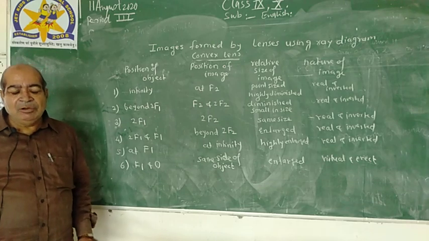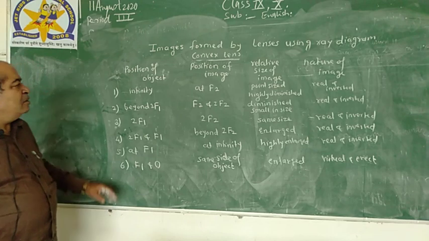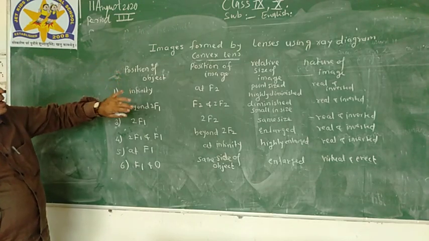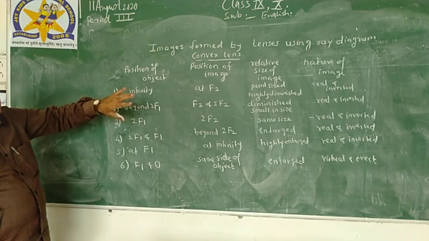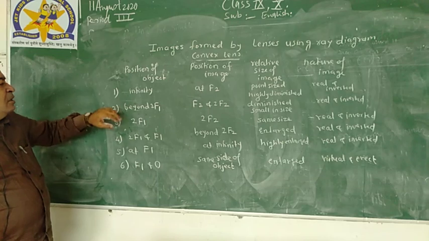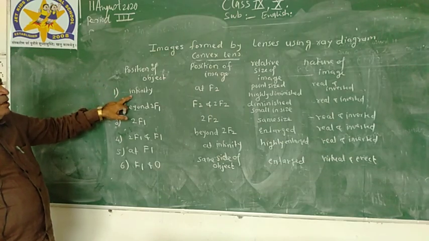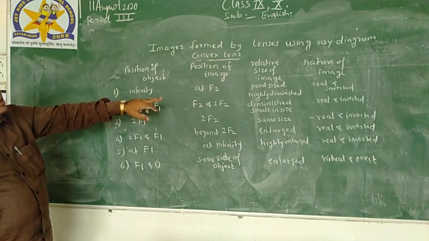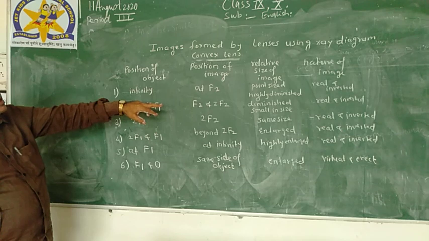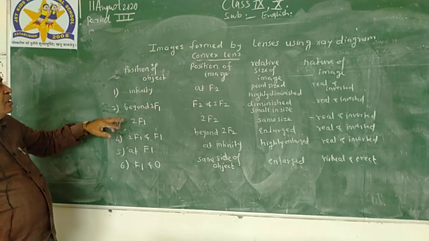So these three rules are used for the convex lens, and for the different positions of the object, these are the corresponding different sizes of the images. In this case, when the object is at infinity, the position of the image is at f2, highly diminished, point size, real and inverted.